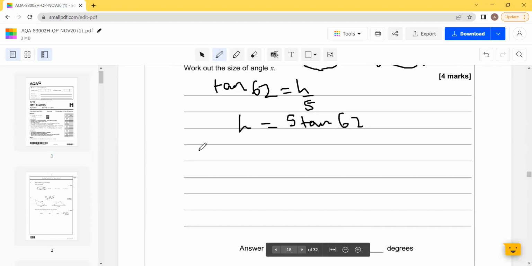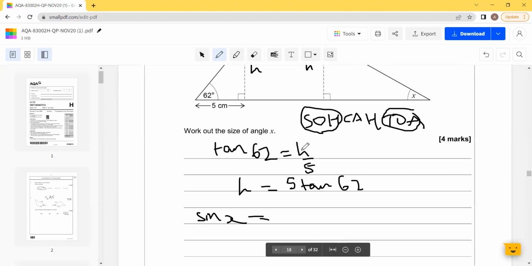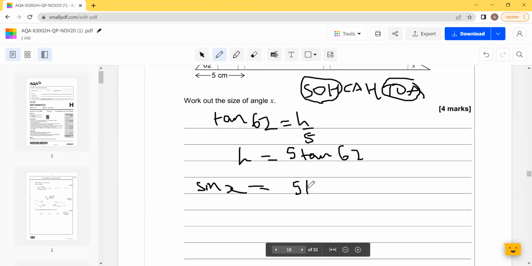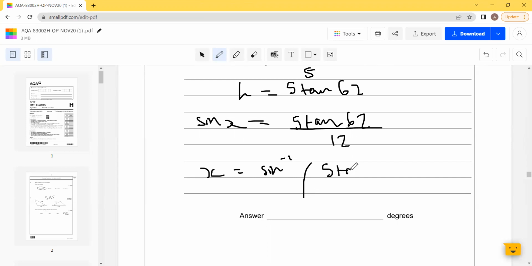Sine of X is equal to opposite over hypotenuse, so it's 5 tan 62 over 12. So X is equal to sine inverse of 5 tan 62 over 12.